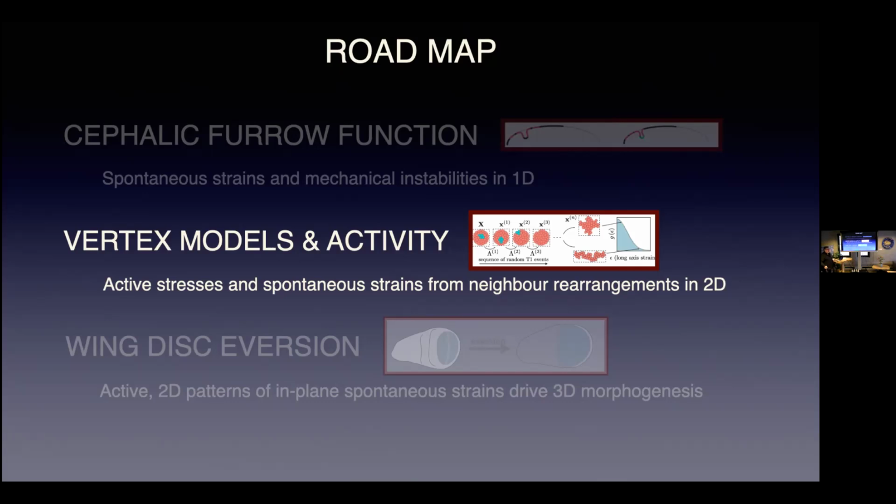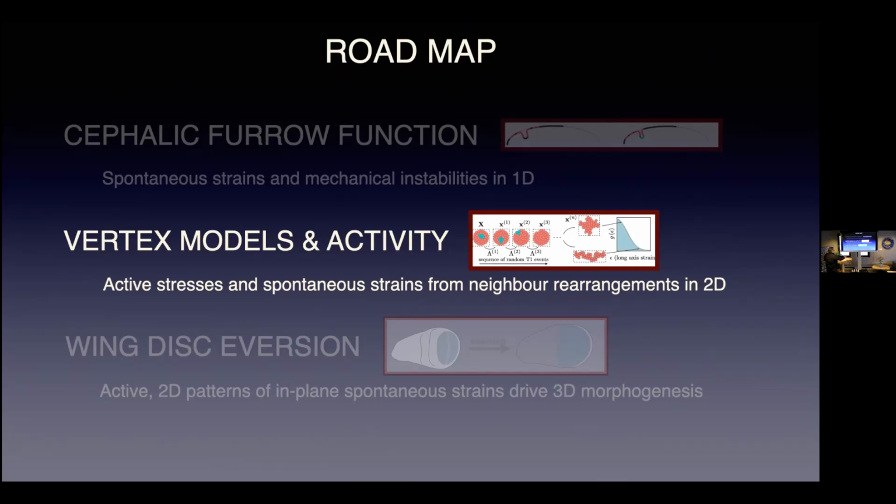Okay, and so now we're going to move on to talking a little bit more about how some of these active stresses and actively mediated spontaneous strains can occur and interact with a vertex model setting. So we're going to stay in the purely theoretical realm of these vertex models for a little while.